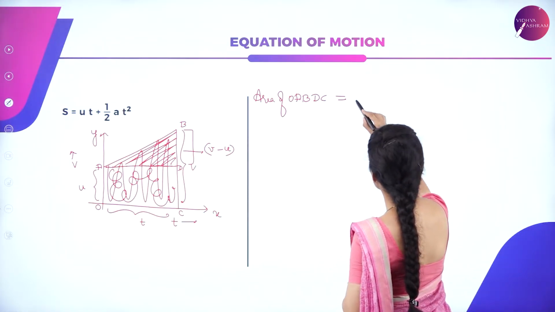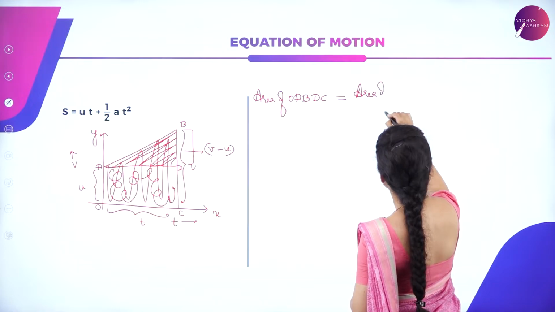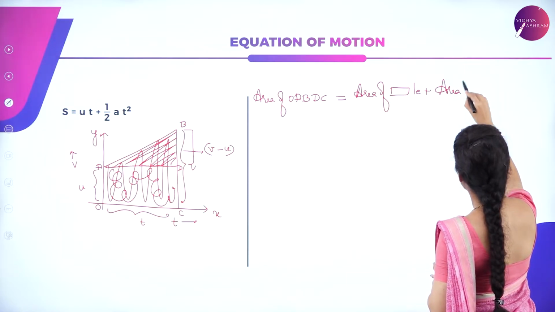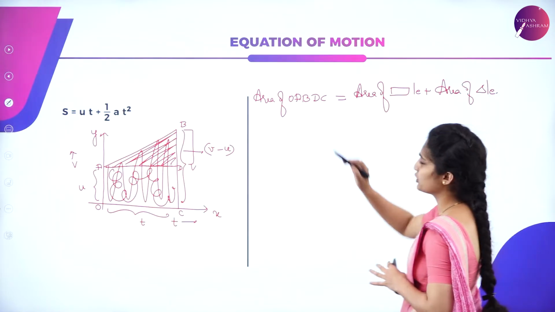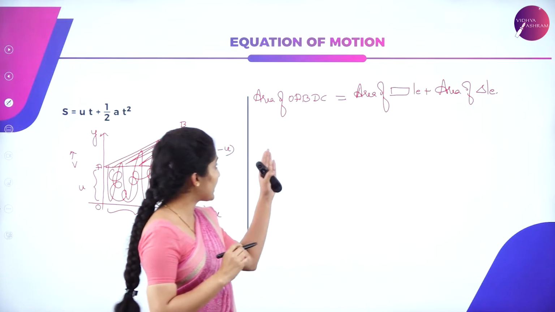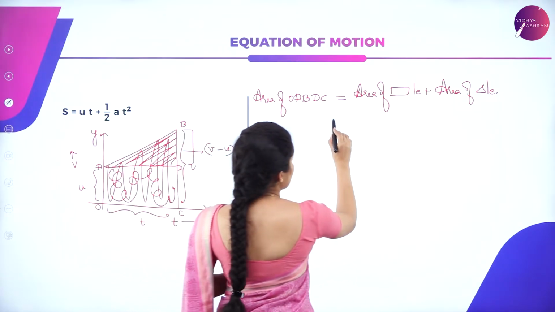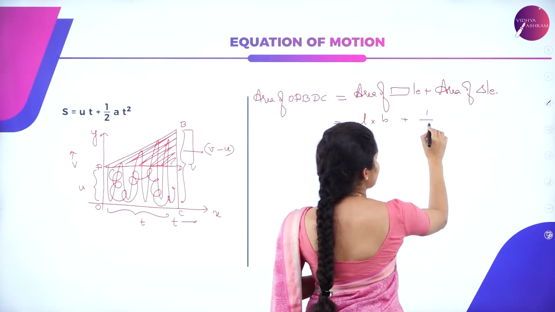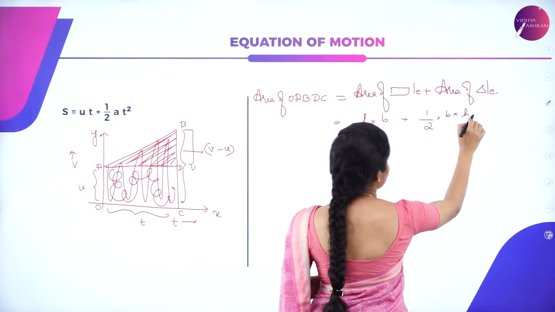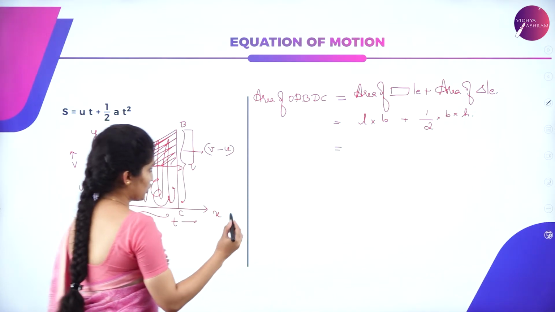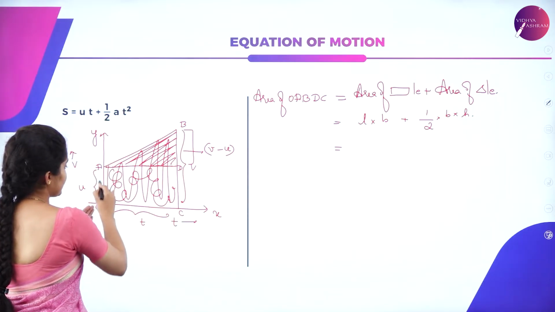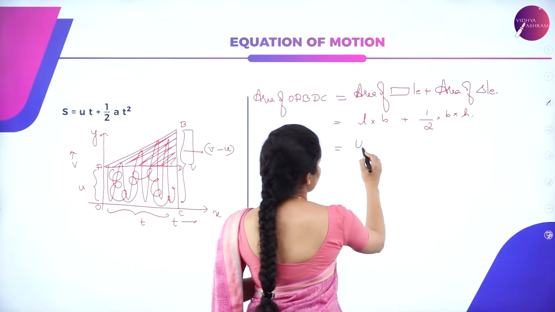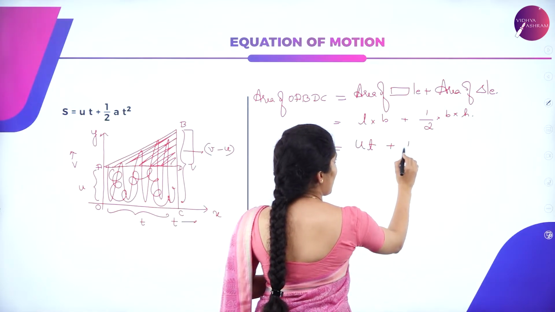So what you have to do is add the area of the rectangle and the area of the triangle, which gives the area of OABDC. Area of a rectangle is length into breadth, and area of a triangle is half into base into height. For the rectangle, length is u and breadth is t, so length into breadth is u t, plus half.